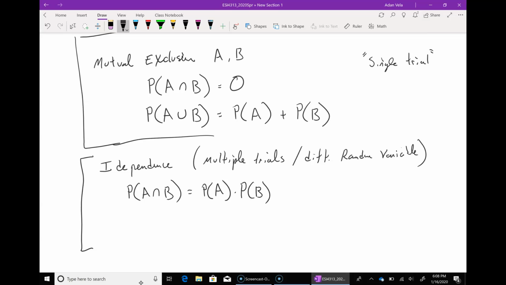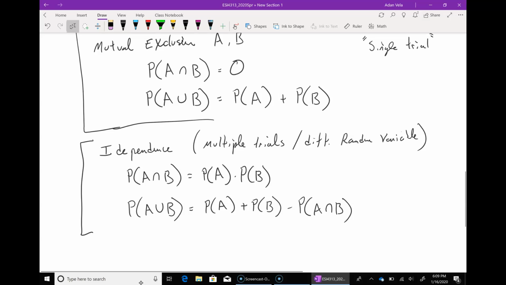Okay. If I were to say, what's the probability of A or B? Well, that's equal to the probability of A plus the probability of B minus the probability of A and B. Now, in that case, we can just substitute what we had in here and use the law of independence.